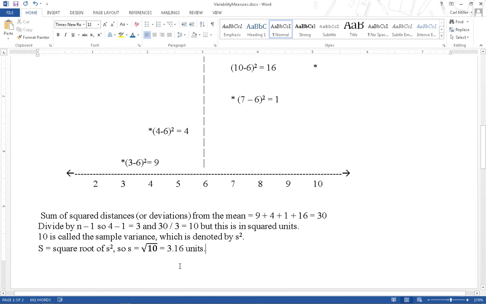But in this case, they're both in linear units, whereas if we had the variance, s squared, that 10 would be in like square miles, which really doesn't make a whole lot of sense in the context of what you're talking about, distance from campus.